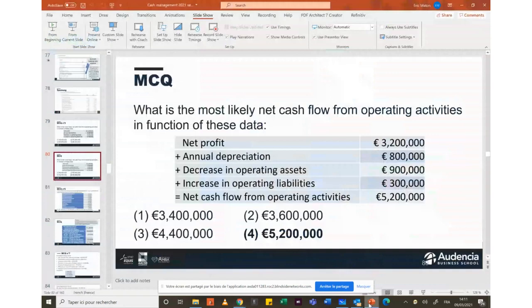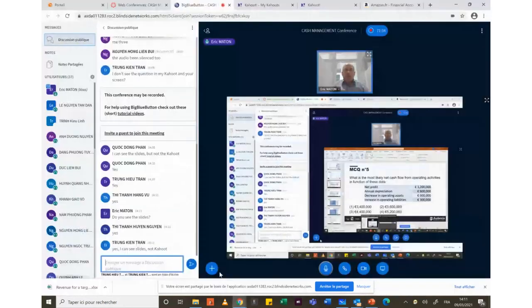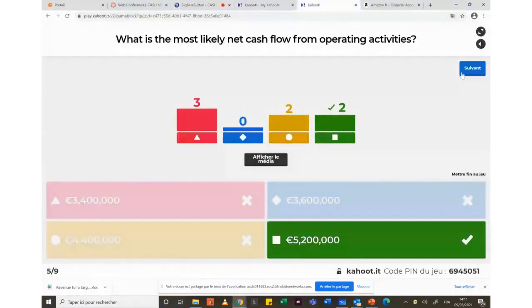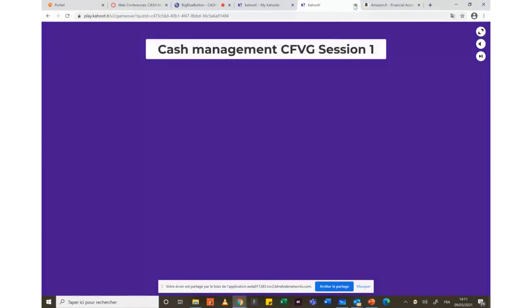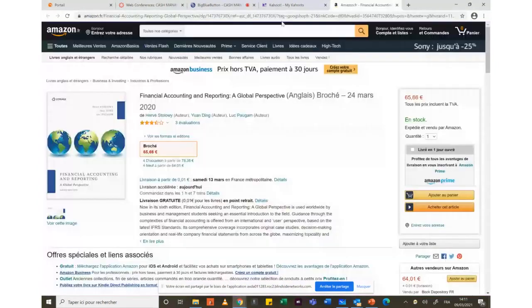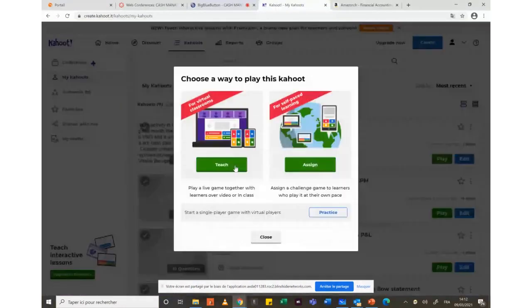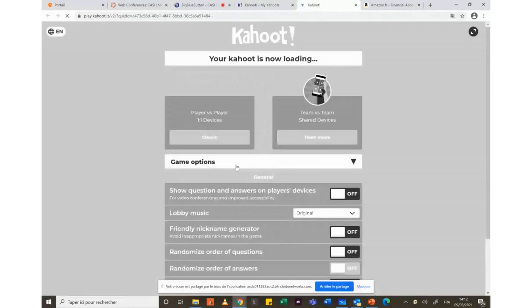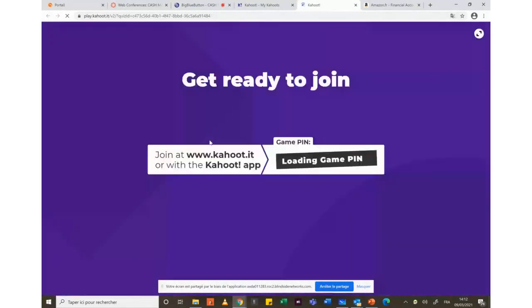So, sorry for the question on Kahoot, if it was not possible to answer. I stop Kahoot and we do it again. So we start Kahoot again, okay? So we don't care about this, and we do Kahoot again. So please put the new PIN code. And we do again the question number 5.